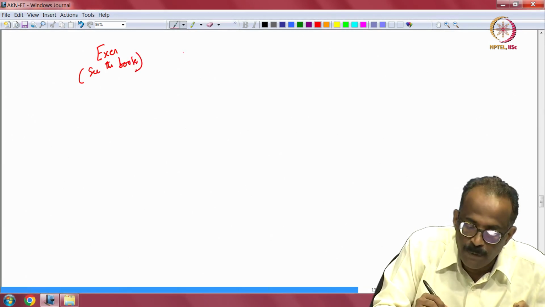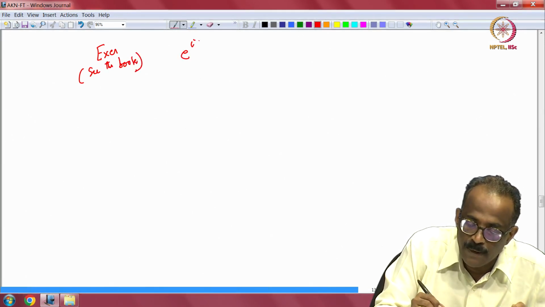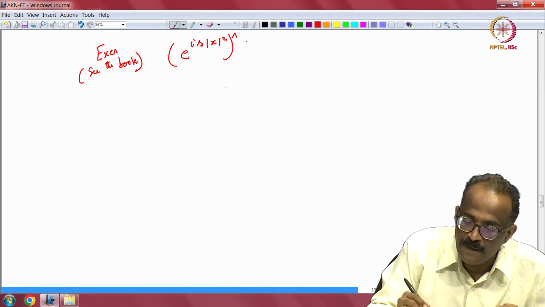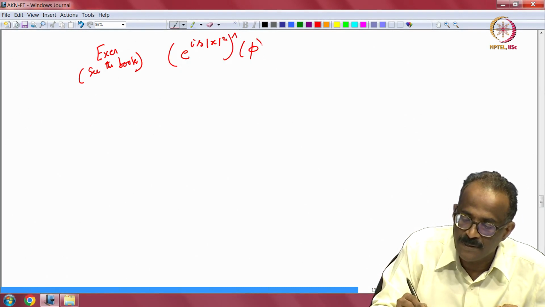Okay. e power i s mod x squared over its hat. So it is an action on phi hat, that is what you want to write.